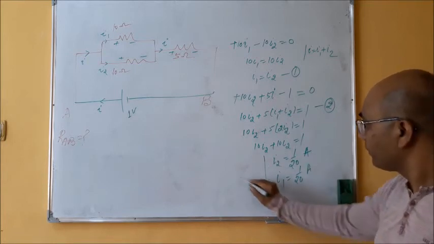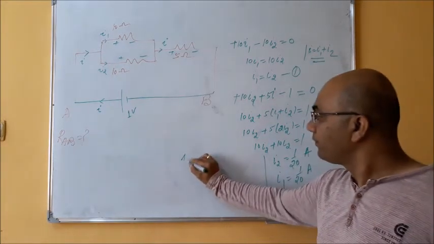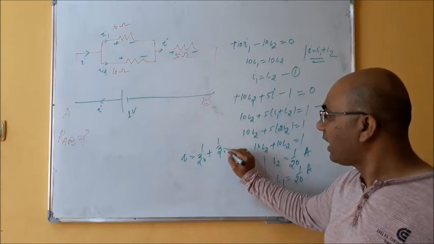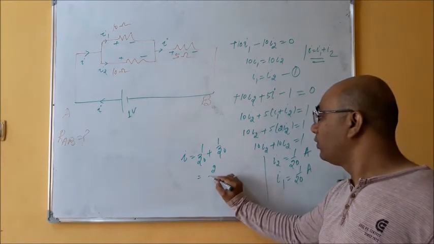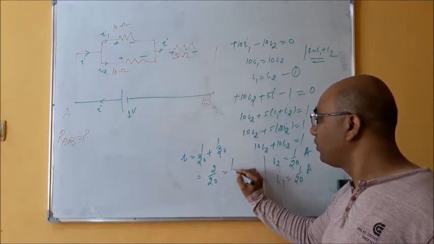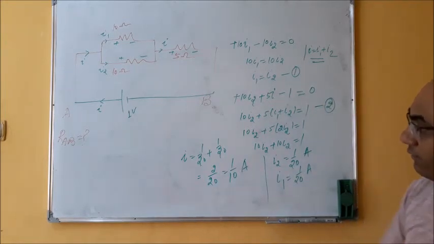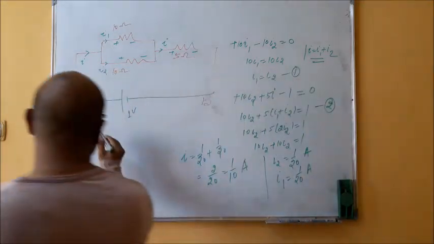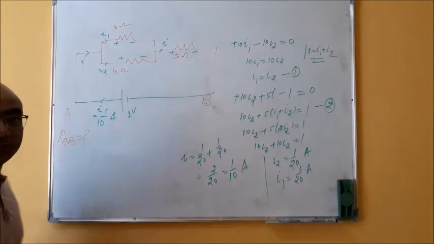So from this expression, what is the value of I? 1 upon 20 plus 1 upon 20, I1 plus I2, is 2 upon 20, so 1 upon 10. So the value of this I is 1 upon 10.